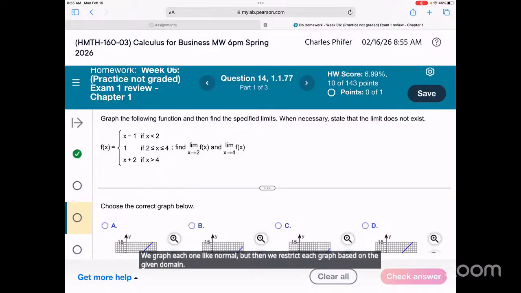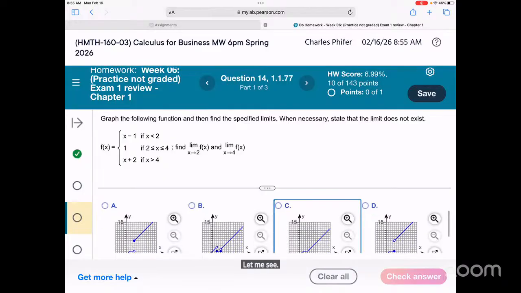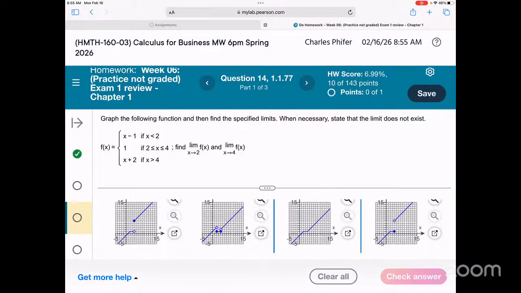Let me see. So for instance, when x is 2, that would have been a 1. That would have been a 4.